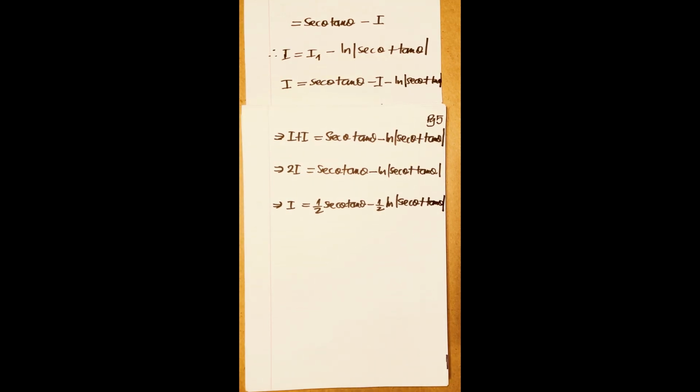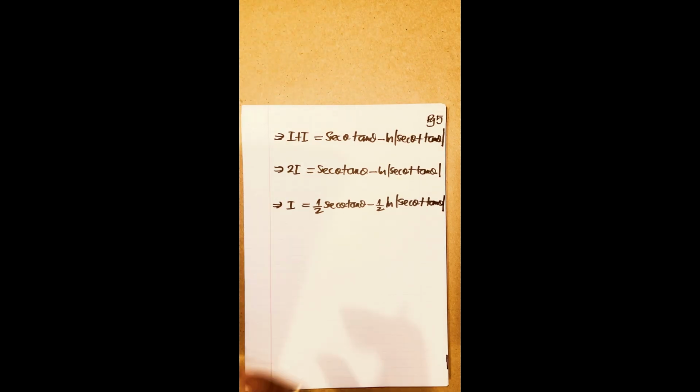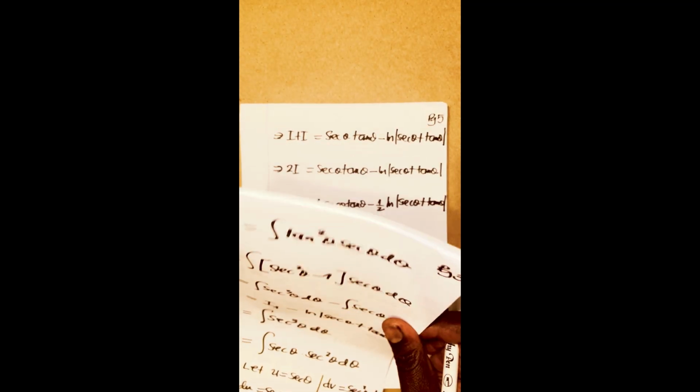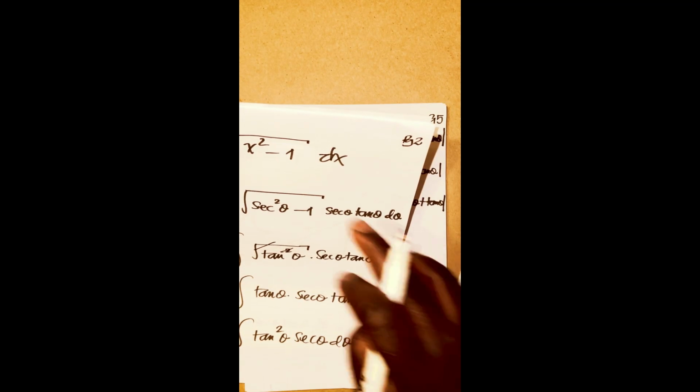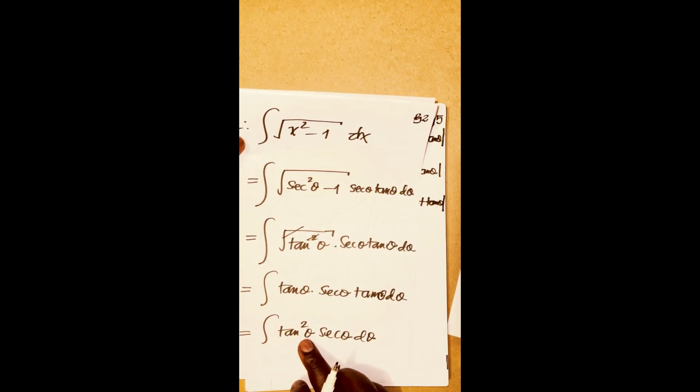Nice. Where are we coming from? What is our I? Our I, if you check from the beginning, is just that integral, and that integral was a simplification of this, as you can see from here all the way up to there. So our I is actually that one.